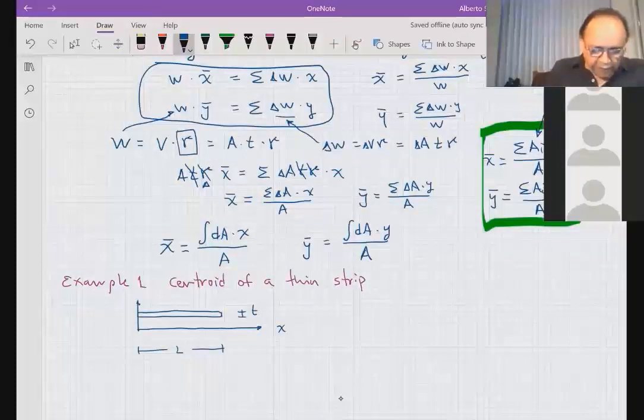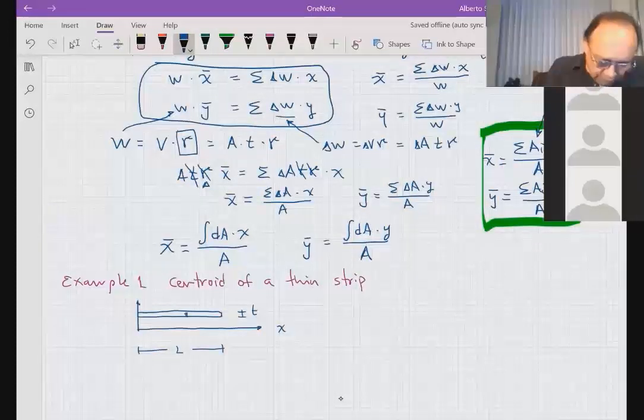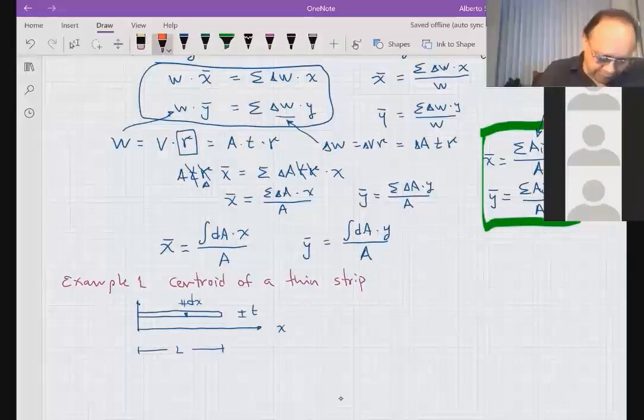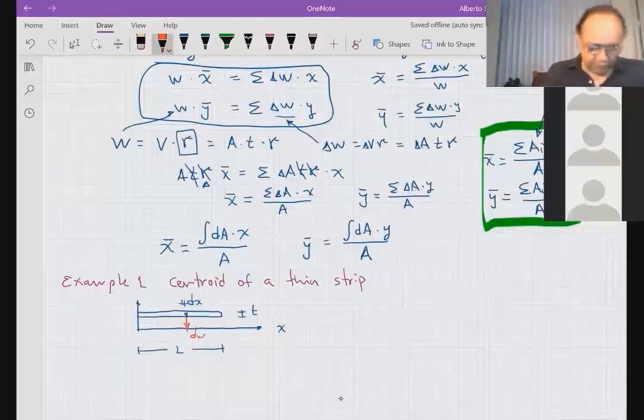We're going to divide this strip into infinitely little components of length dx. Those are infinitely small, and we can say for sure that the center of gravity of that tiny piece is right here, and it's called dw because we mean infinitely little.